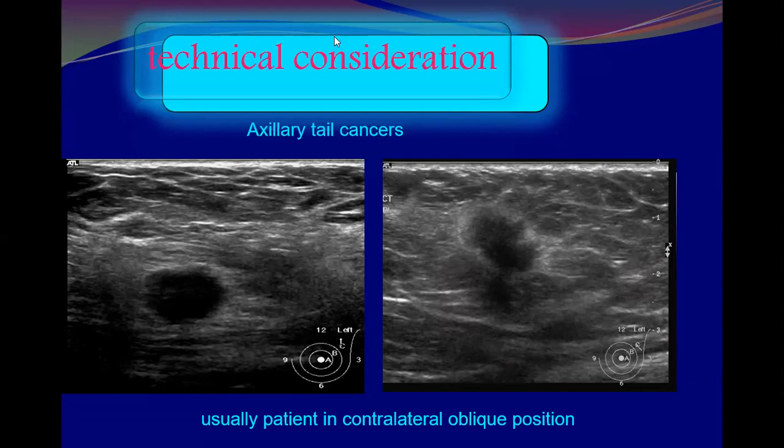But if it ends, and there is no breast tissue in the area, and you went into the axilla and find the lesions, this is most likely a lesion within an ectopic breast.